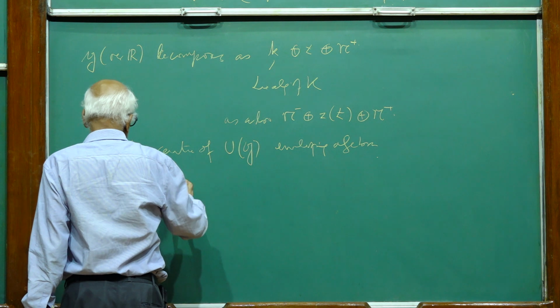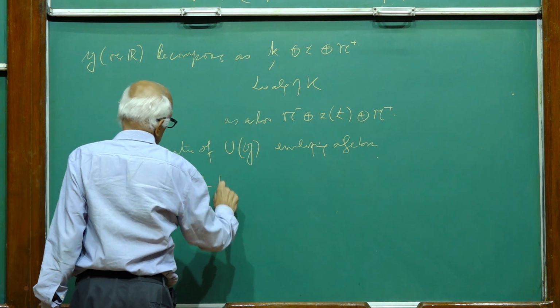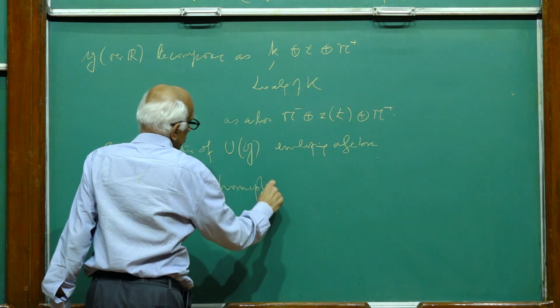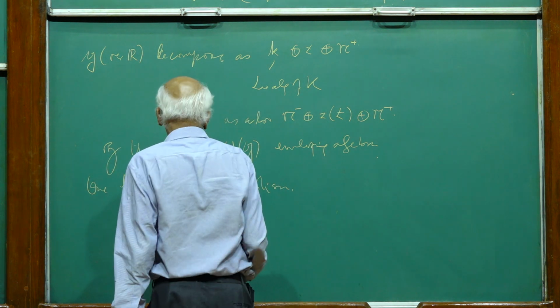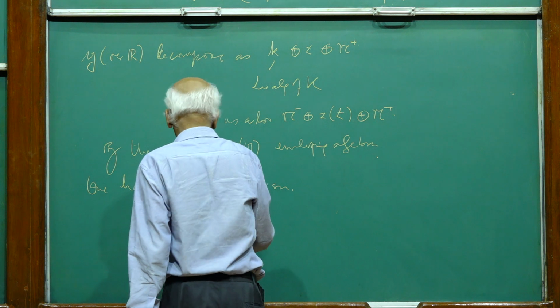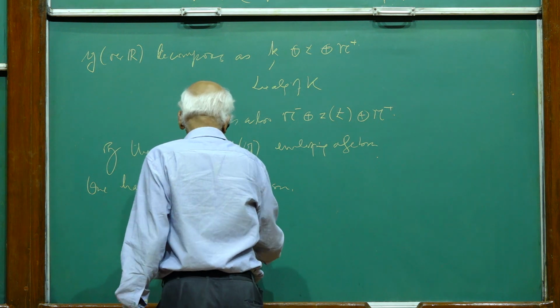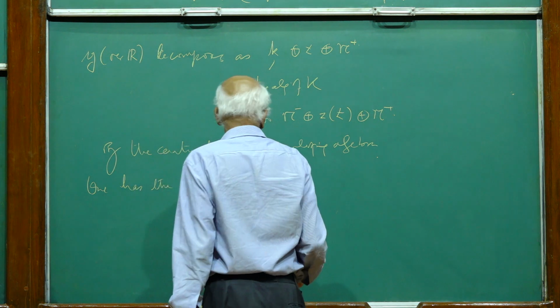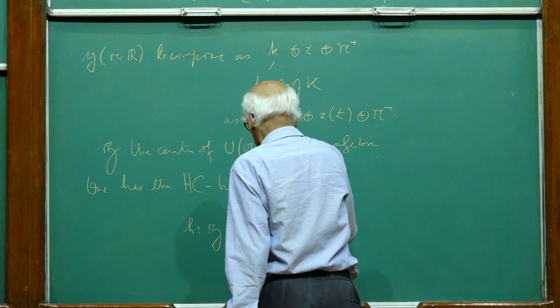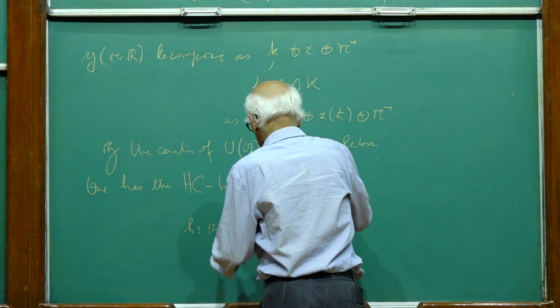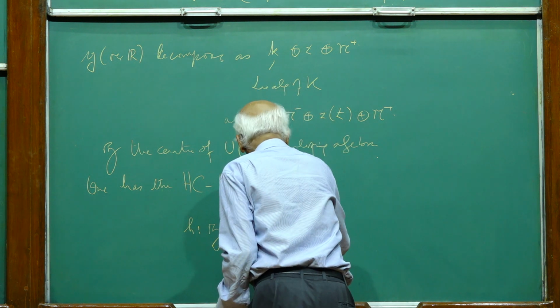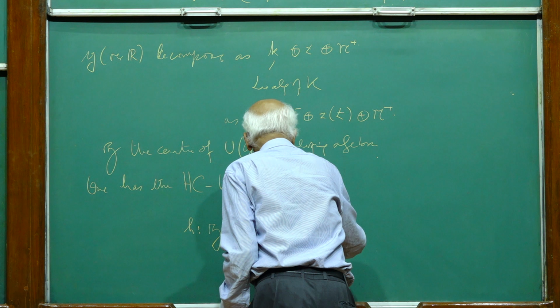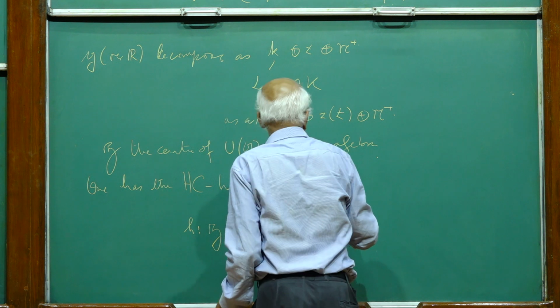And one has the Harish-Chandra homomorphism. Maybe I'll call it H, which goes from Z into the center of U(Z(T)).